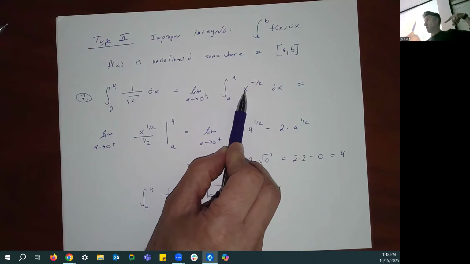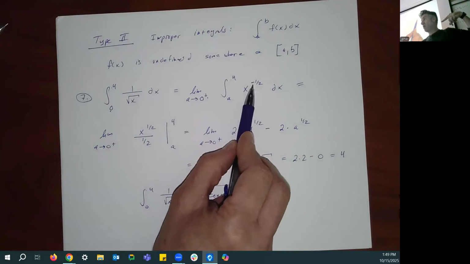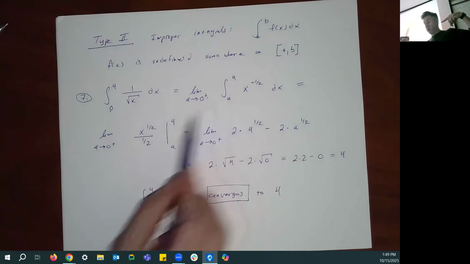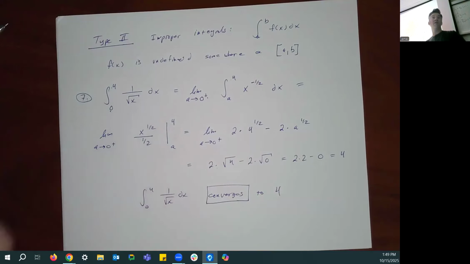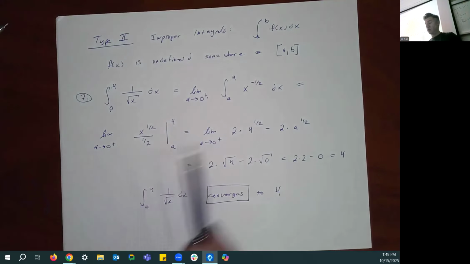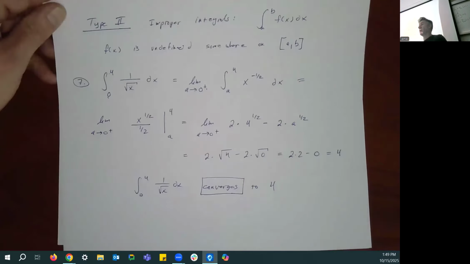That 0 to a negative power being undefined, becoming 0 to a positive power, which is just nice 0, usually is going to converge. Whereas if you do the integration and you still have a negative power, that 0 to a negative power is still going to give you something divergent. So that's something just to look out for. You don't have to be super aware of that, but it's something I've noticed and wanted to point out.